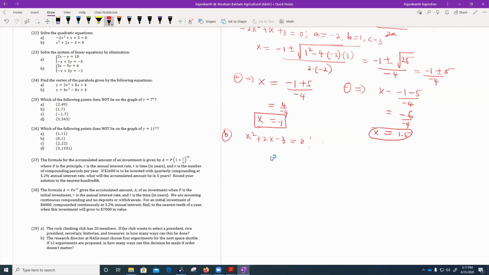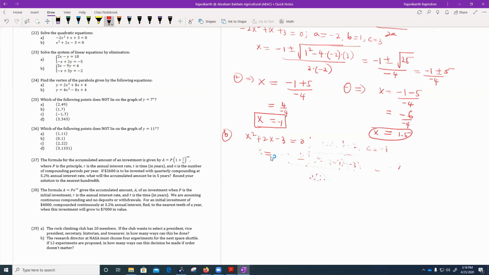Now here a is 1, b is 2, and c is negative 3. So therefore my x is, I'm using the formula, minus b plus or minus square root of b squared minus 4 times a, which is 1, and c is negative 3, over 2a, a is 1.